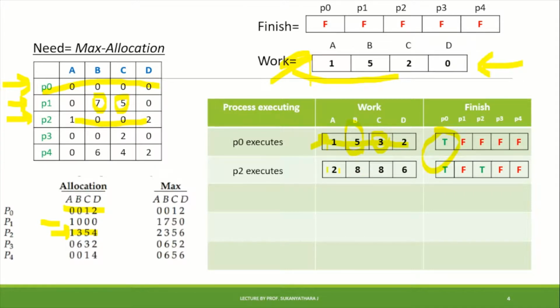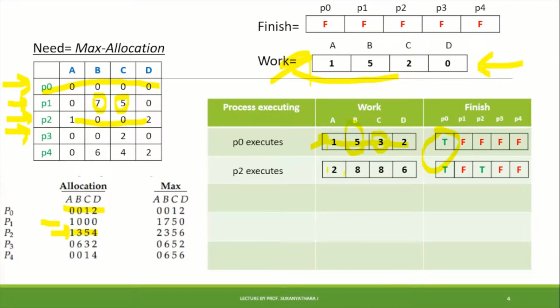That means 2 copies of resource type A, 8 copies of resource type B, 8 copies of resource type C, and 6 copies of resource type D are currently free in your system. Now let us check the need for P3. Can P3 execute? Yes, because we have enough resources. P3 needs 0020. We have 2886.